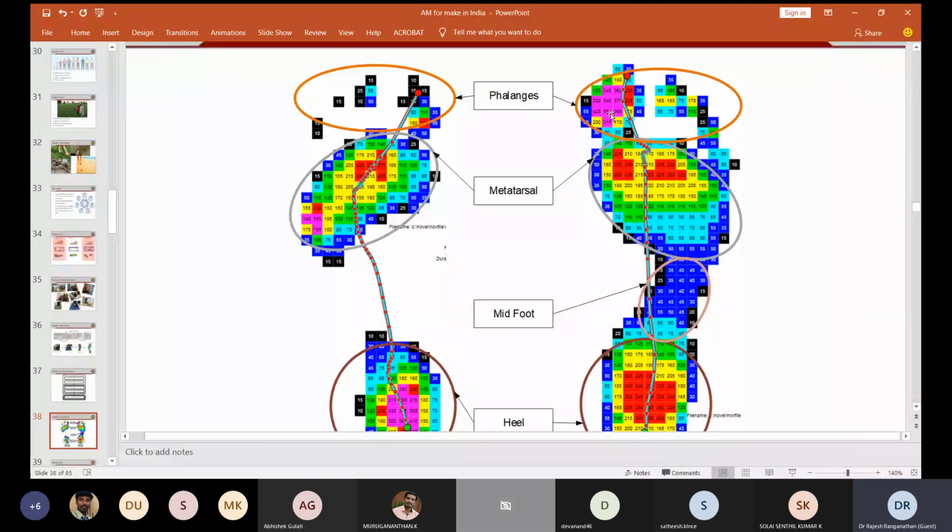Some areas have peak pressures mounting to 545, 580, and some areas have pressures of around 10 kilopascals. So when this person becomes diabetic, the first portion that gets taken off would be this front toe, because the high pressure points are lying in this region.